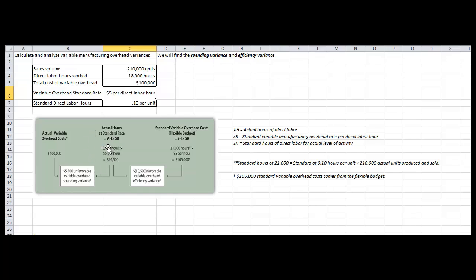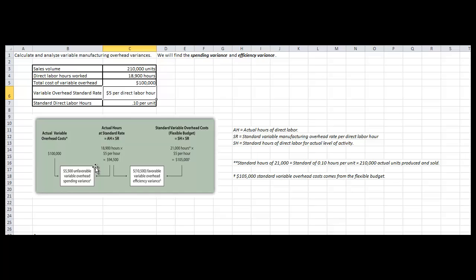When we compare the actual hours at standard rate and the actual variable overhead costs, that's how we find if we have a favorable or unfavorable variable overhead spending variance. So here we found that we have a $5,500 unfavorable variable overhead spending variance.